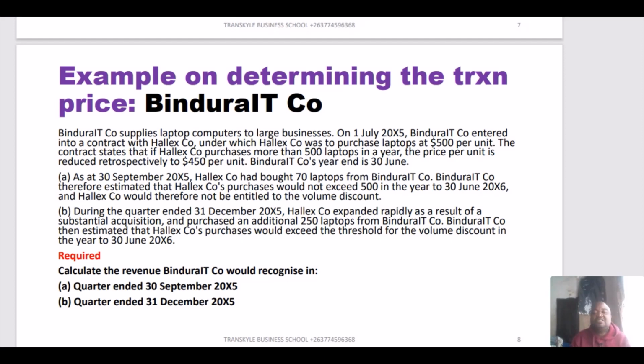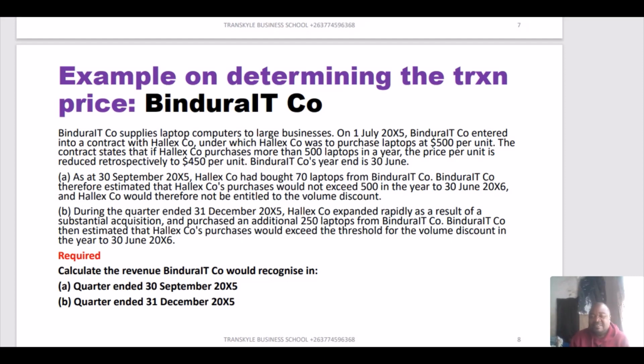A. As at 30th September 2025, Halex Co had bought 70 laptops from Bindura IT Co. Bindura IT Co therefore estimated that Halex Co's purchases would not exceed 500 in the year to 30 June 20x6, and Halex Co would therefore not be entitled to the volume discount.